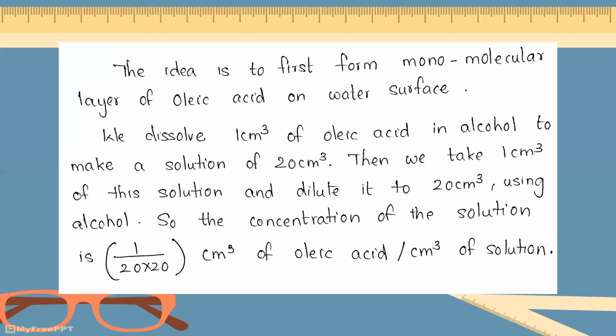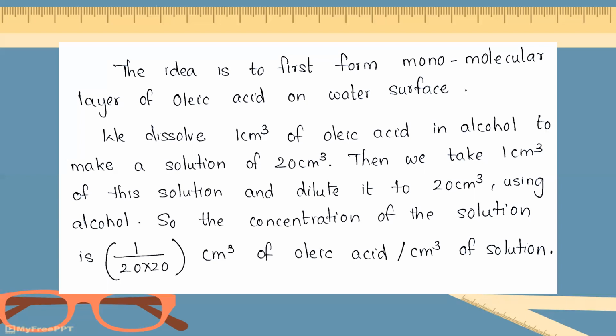That means, first you took, for example, 1 drop of oleic acid and 20 drops of alcohol. You mixed it and got a solution.